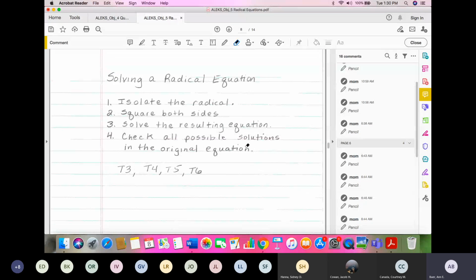So let's talk about solving a radical equation. A nice welcome break, I think, from the application problems that we looked at. So you might want to jot down this process. Take a couple minutes to jot it down. It's a very important process. You really need to check.